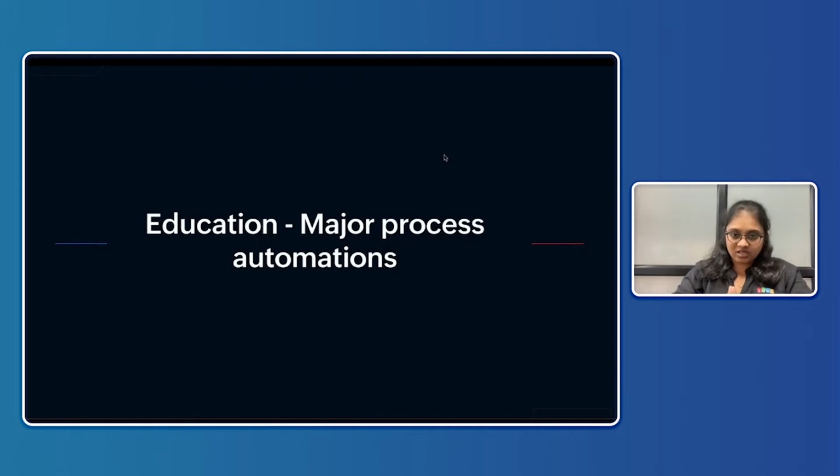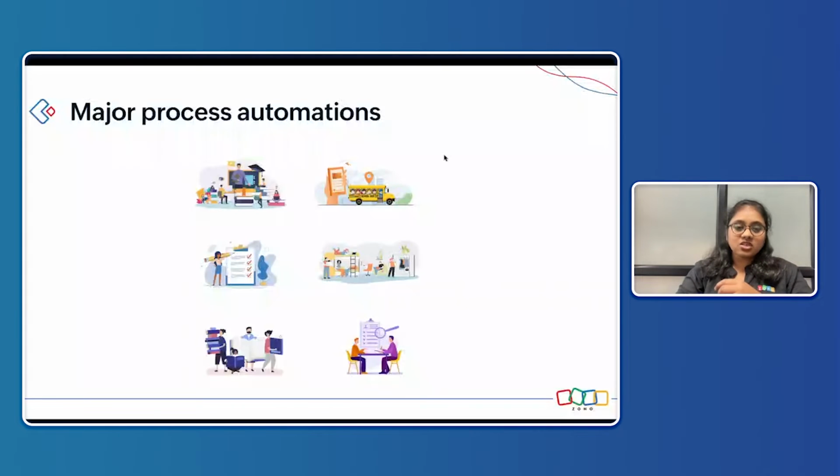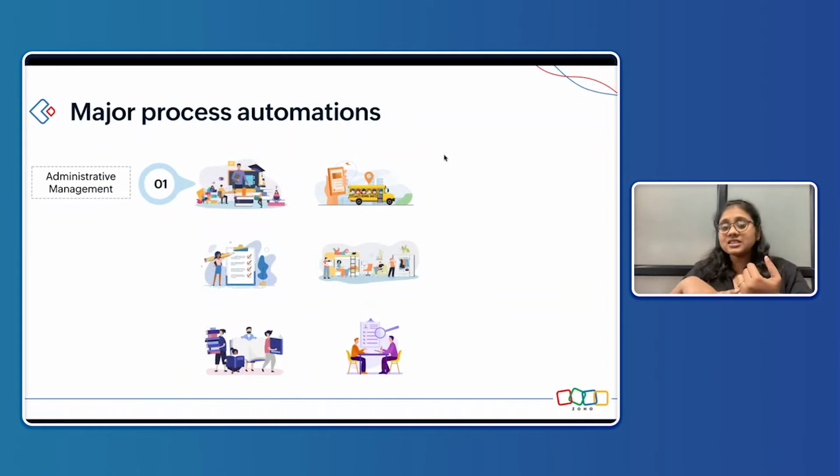The processes such as administrative management, that is maintaining the facilities of the university, managing the admission of students, and recruiting faculties, all these admin-level actions are some of the major processes that need automation in this industry.